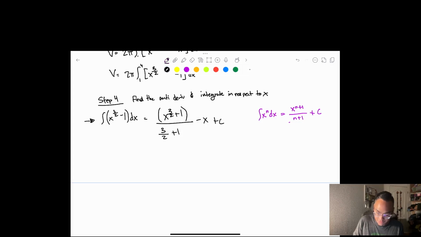And if we simplify this a little bit further, what we end up getting once we get rid of the denominator is x over 5 over 2 minus x plus c, which we can simplify even further to 2 over 5 times x to the 5 over 2 minus x plus c.